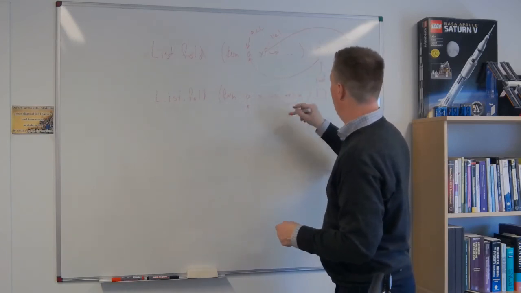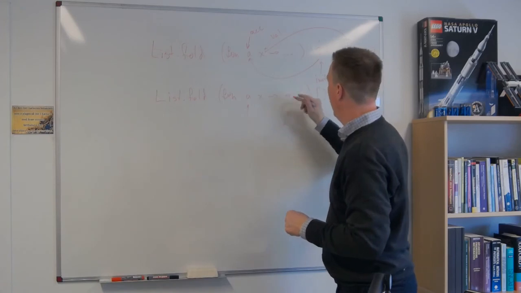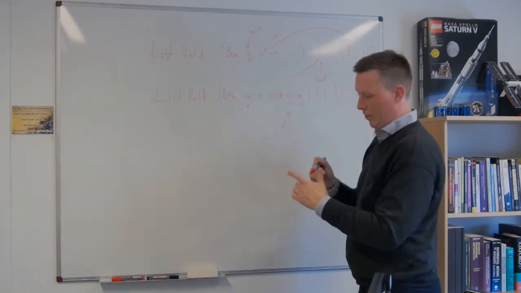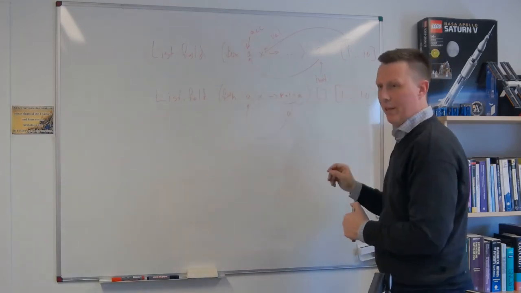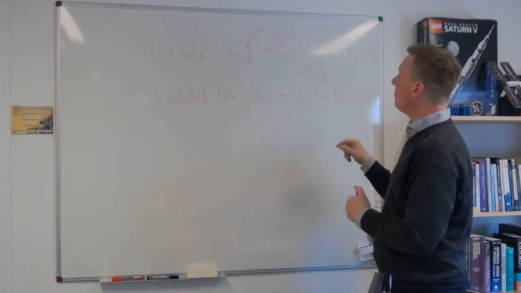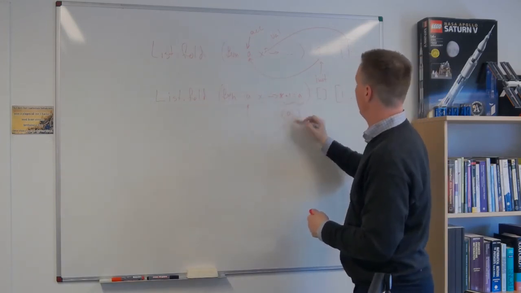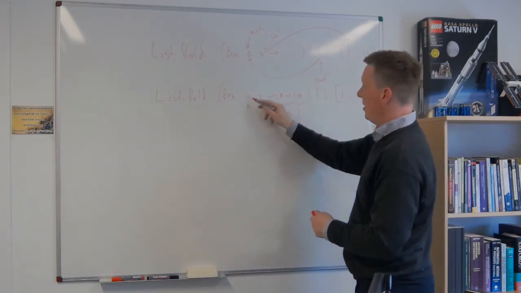I could do, yeah, okay, X plus 1, whatever, something. Add 1 to every element in the list. Since this is now producing a list, this was a list, this needs to be a list.